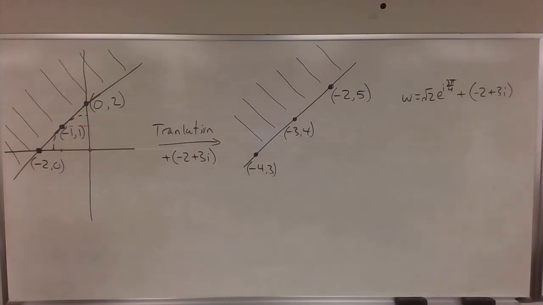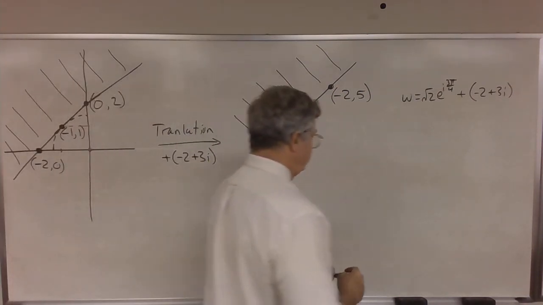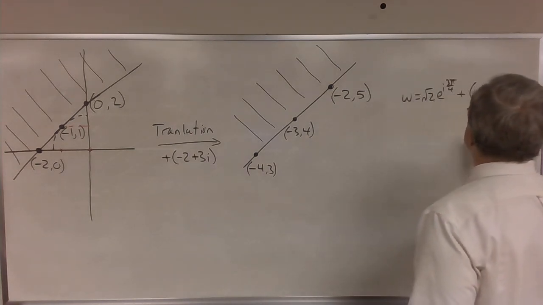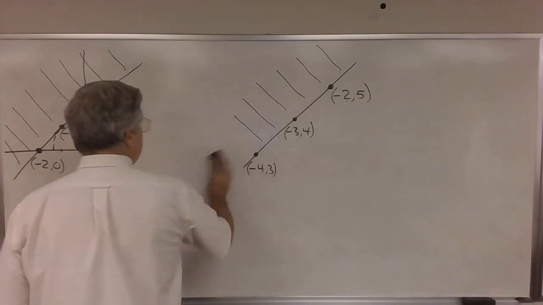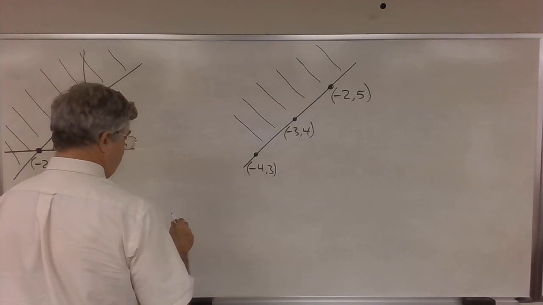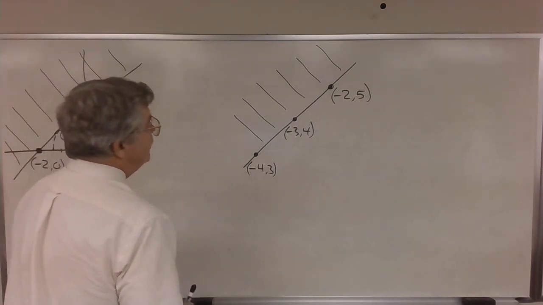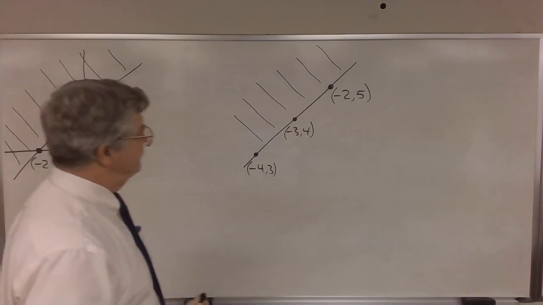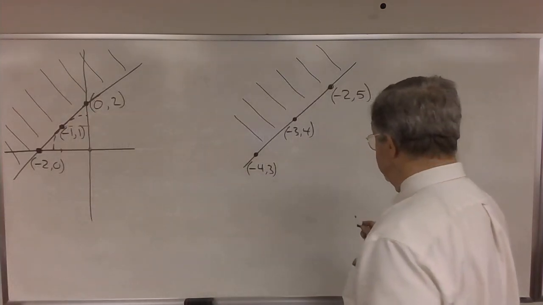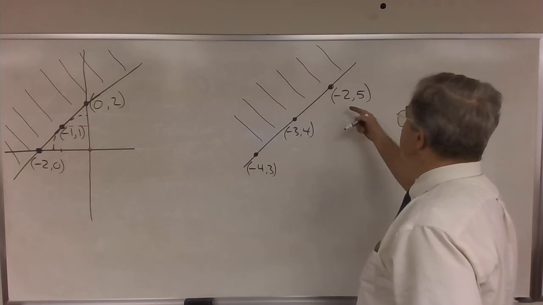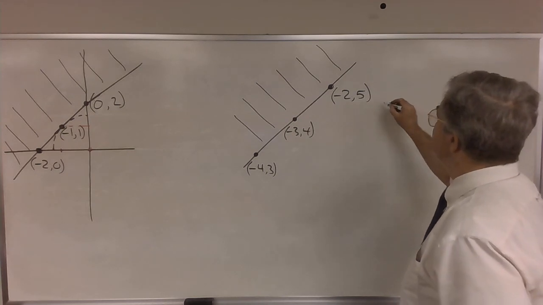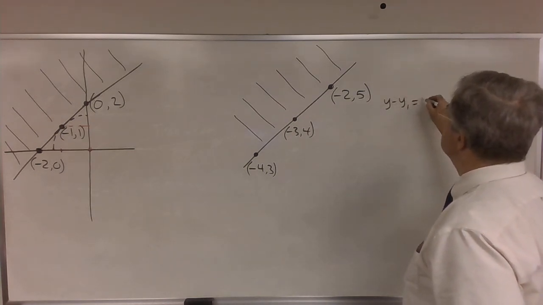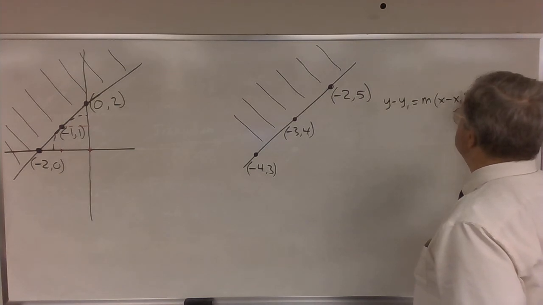I just need to figure out where this is in terms of the x and y axes. So let's say the slope is clearly 1, and we'll let this be a point on the line. We'll use point slope form. y minus y1 equals slope times x minus x1.